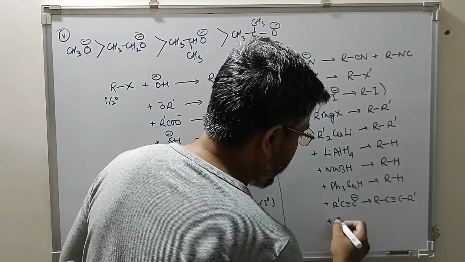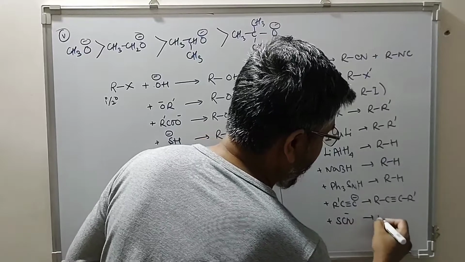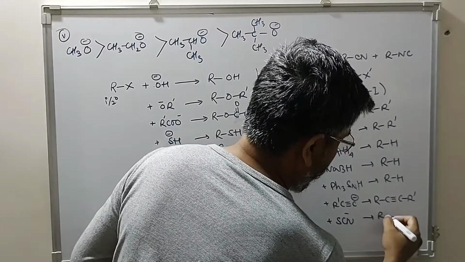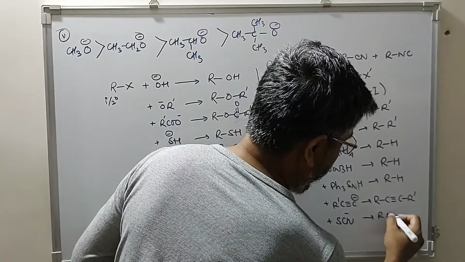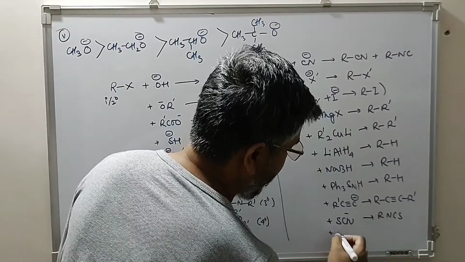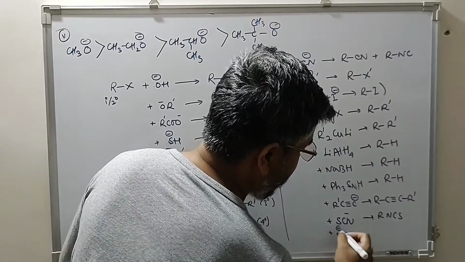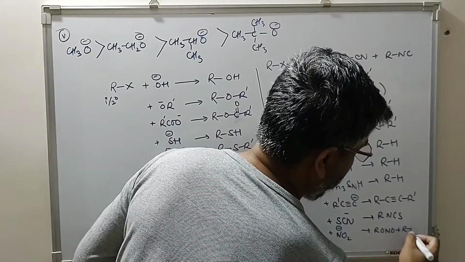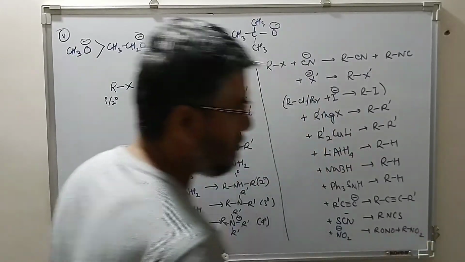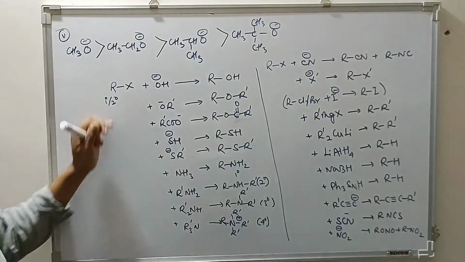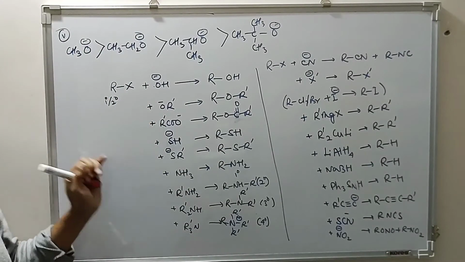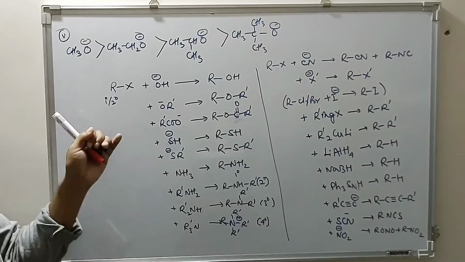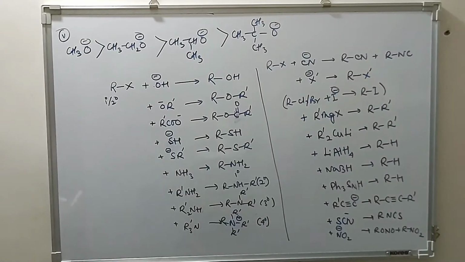We can also have, look at this, SCN minus to RSCN, we can have, look at this, NO2 minus. So we have RONO plus RNO2. So this is all the reaction occurring via SN2 pathway.